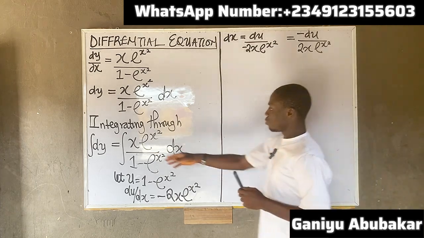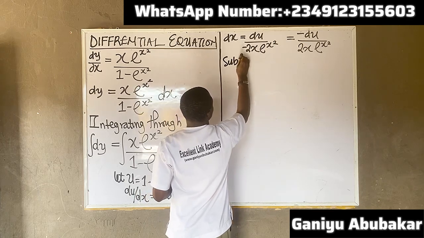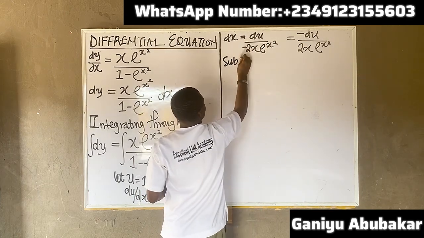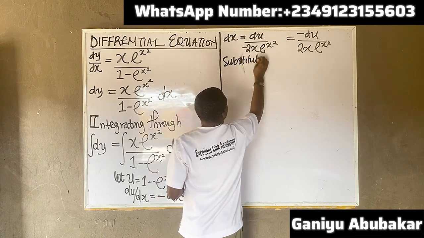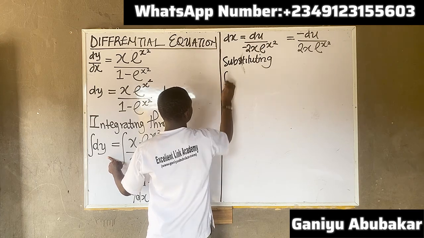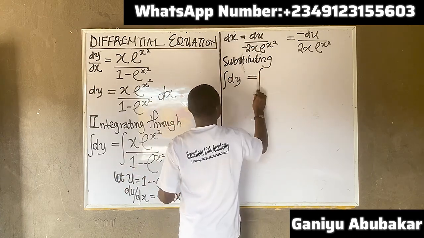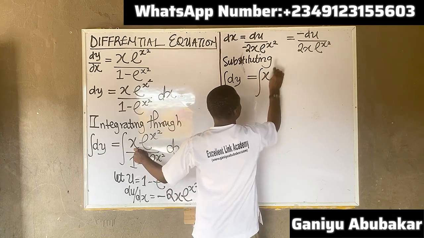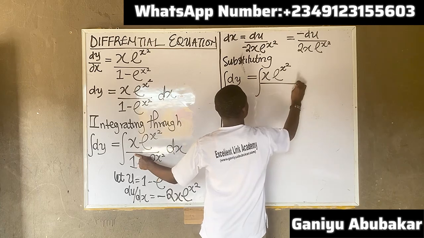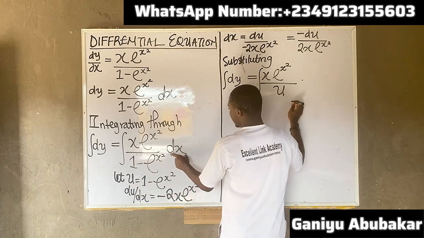So from here, I will now substitute. What do I get? The integral of dy is equal to the integral of x exponential x squared all over, everything here should be u, all over u, times dx.